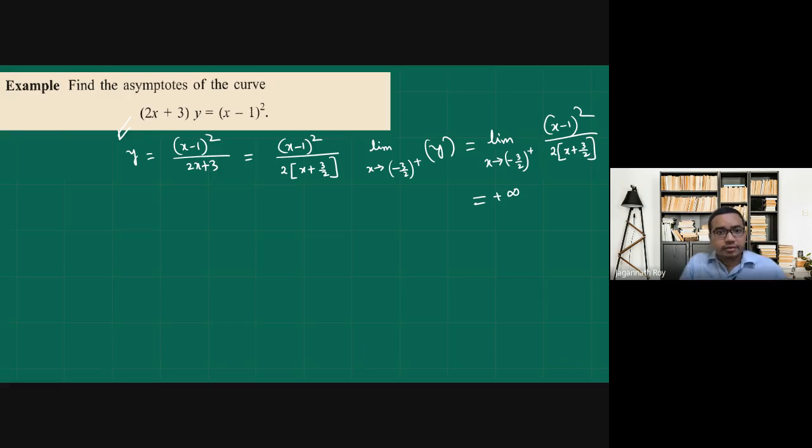And the limit as x goes to minus 3 by 2 from the left, this will become minus infinity.